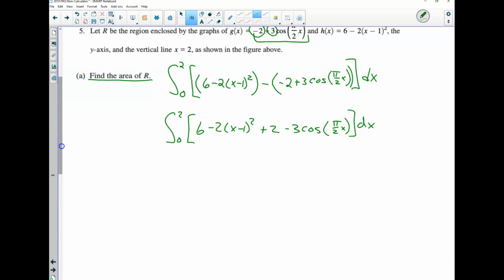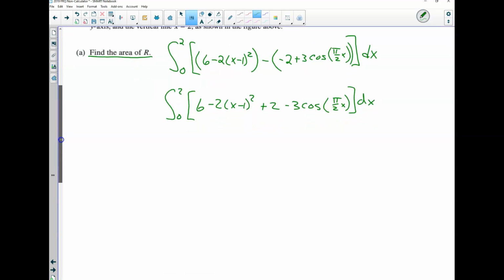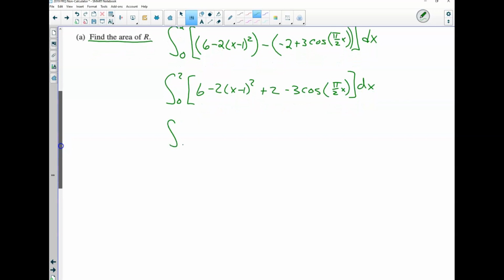And it's a little bit less to integrate, it's a little bit less to evaluate. So then I would say my integral is from 0 to 2. I put these like terms together and say, I got 8 minus 2, x minus 1, quantity squared, minus 3 cosine pi over 2x dx. I would spend that little bit of time before I integrate.